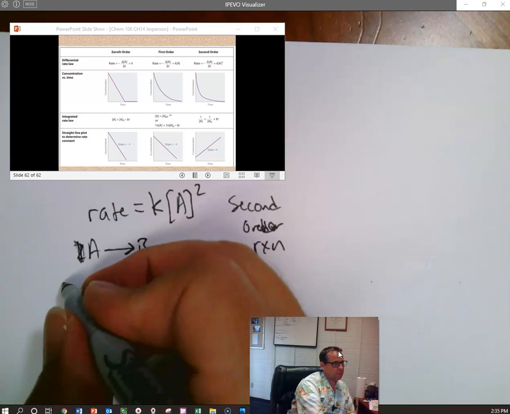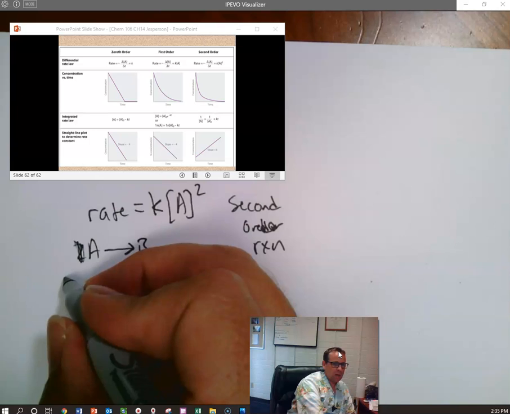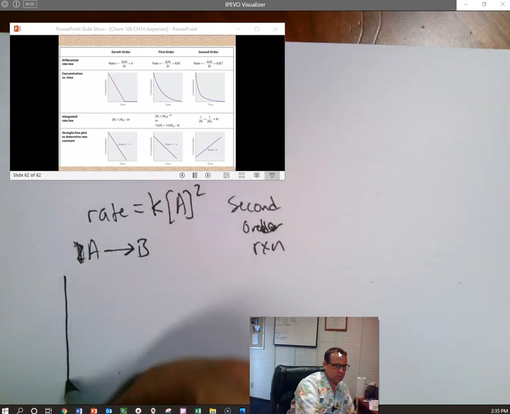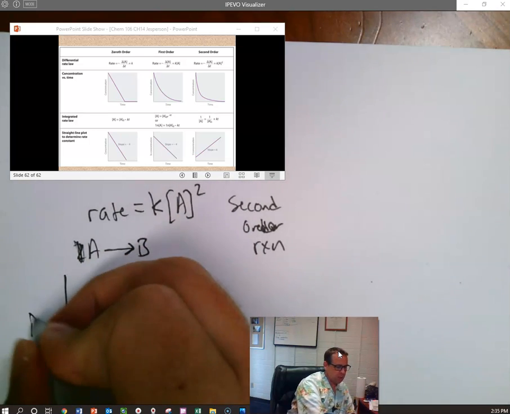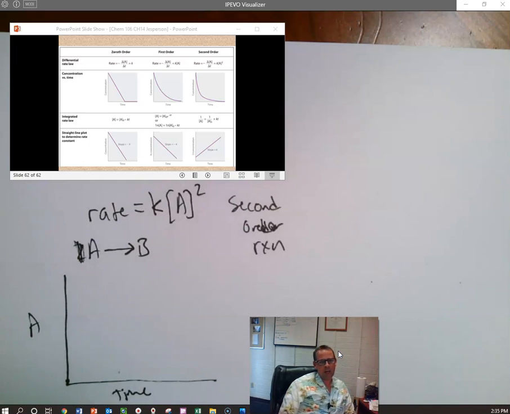And what do you think? Whose turn is it? Alyssa. How is the second order reaction's concentration of A versus time, how is it going to differ compared to a first order reaction? Well, I think it's going to decrease at a higher rate because it's being used at a higher rate.